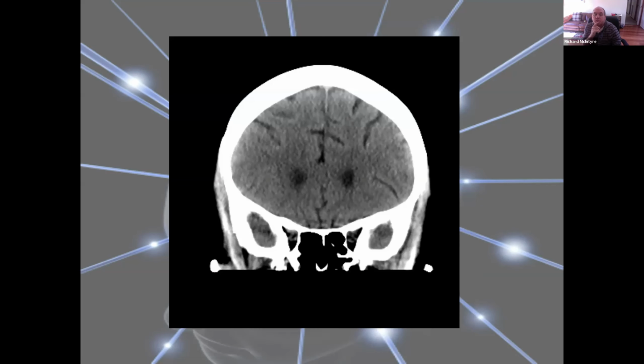What do we think? Is it a CT? Does anyone else agree? Excuse me, disagree? CT? Yep. Great. Anyone disagree? Anyone think it's something else? Taking this one step further, it's a CT scan. Is it bone window or is it soft tissue windows?